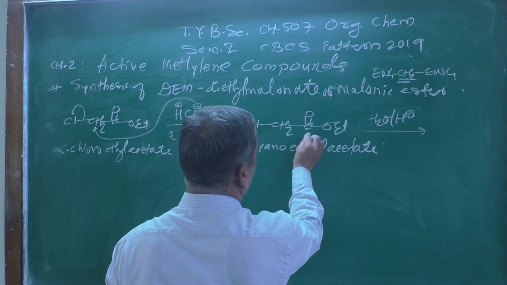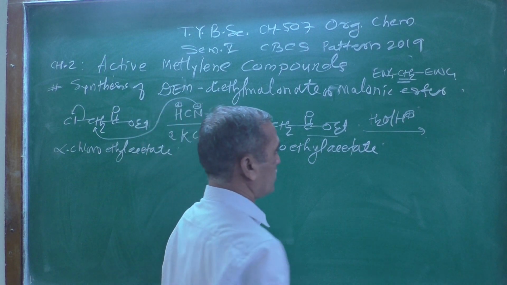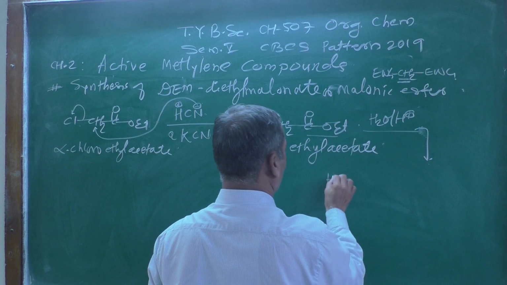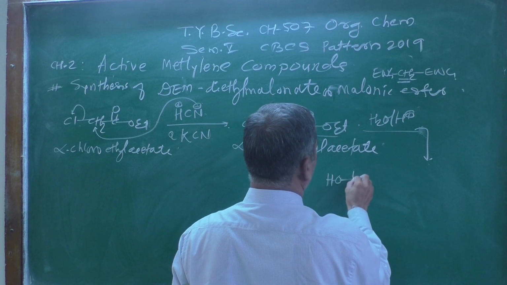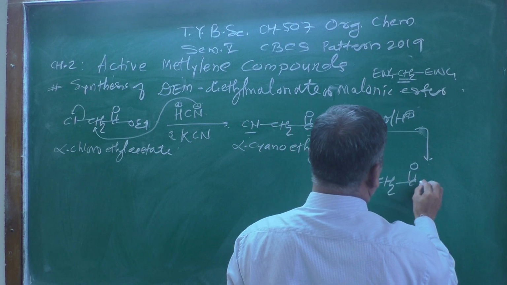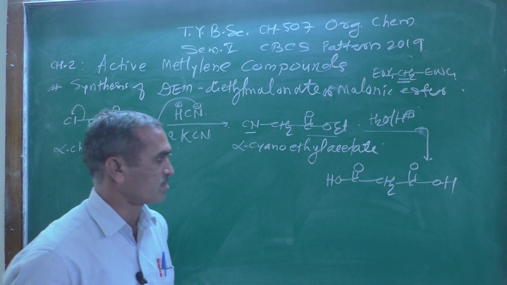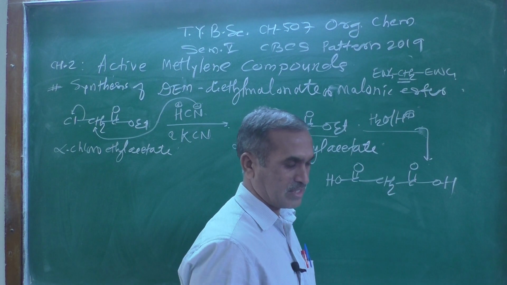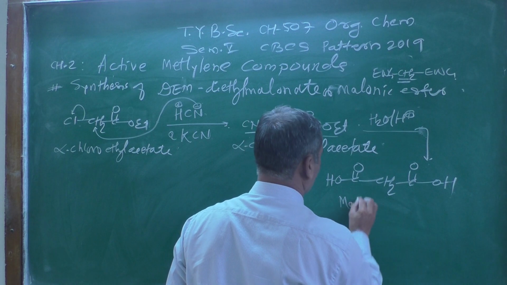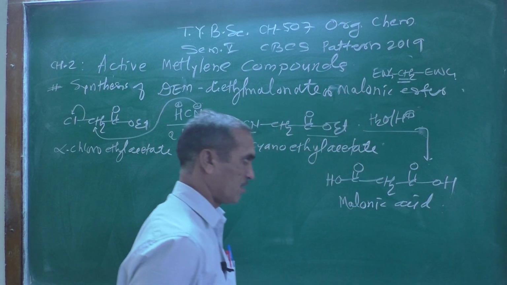This cyanide group as well as that ester group also get converted into an acid, and the resulting compound which we are going to get in this particular case is HO, then C double bond O, then the middle one is CH2, then C double bond O and OH. If you see this structure, it is just like a dicarboxylic acid, and as we know, this one is a malonic acid. The name of this compound is malonic acid.